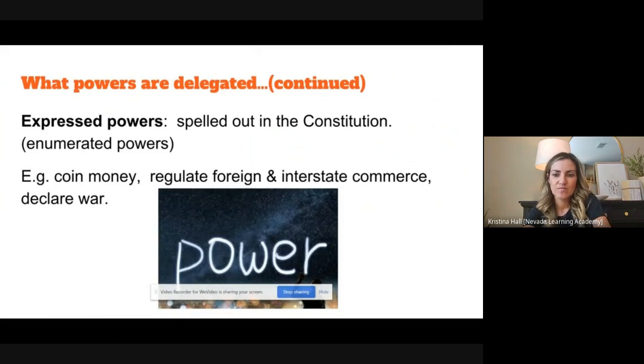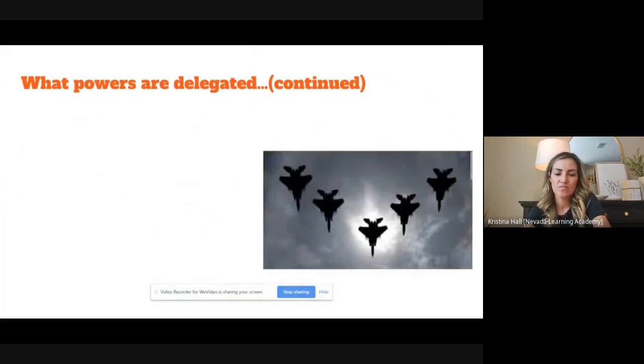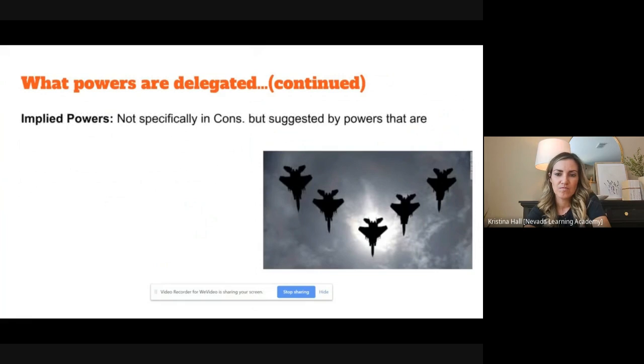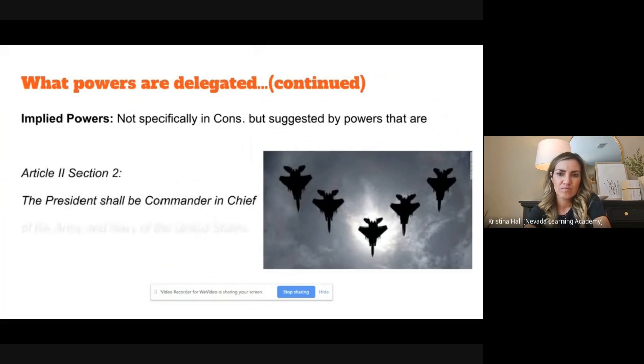There are also implied powers in the Constitution. These are powers that are not specifically written out like the express powers, but the express powers do strongly suggest that the government has these implied powers anyway. For example, in Article 2, Section 2, the Constitution makes the president the commander-in-chief of the Army and Navy. The president's power as commander-in-chief is an express power, but the president is also commander-in-chief of the Air Force.